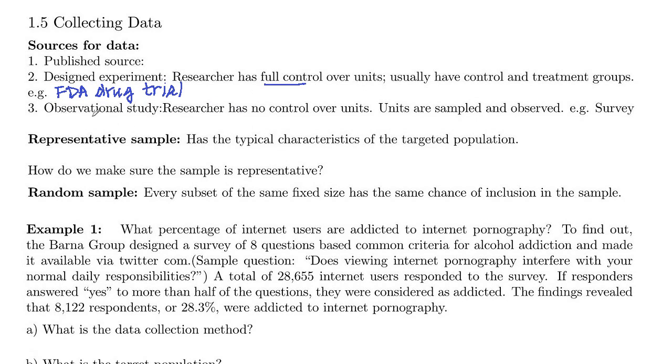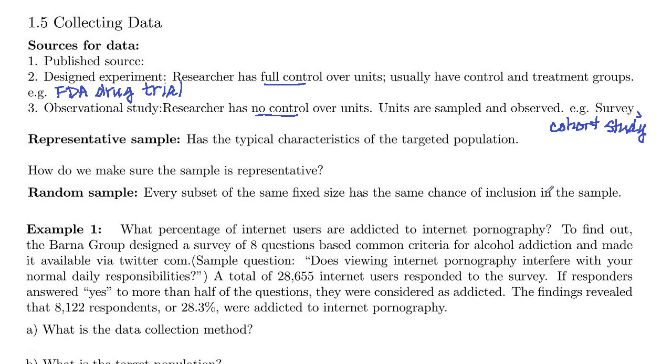Or it could be an observational study. In an observational study, the researcher has no control over the units. They just sample and observe. So that could be true in a survey, could also be true in a cohort study, which is an observational medical study.